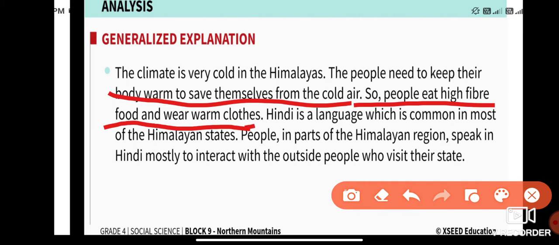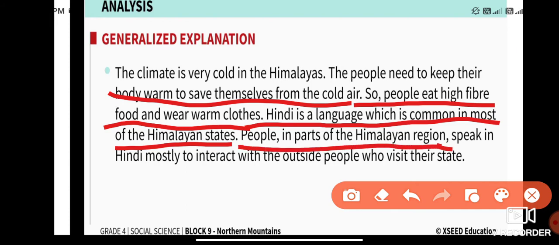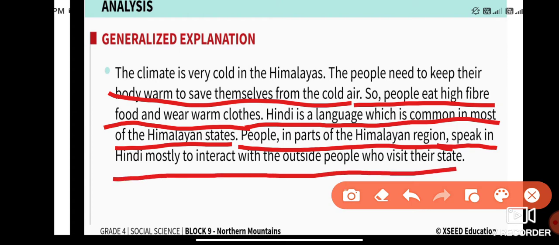And Hindi is a language which is common in most of the Himalayan states. Hindi is spoken in most of the Himalayan states. Similarly, people in parts of the Himalayan region also speak Hindi, mostly to interact with the outside people who visit their state.